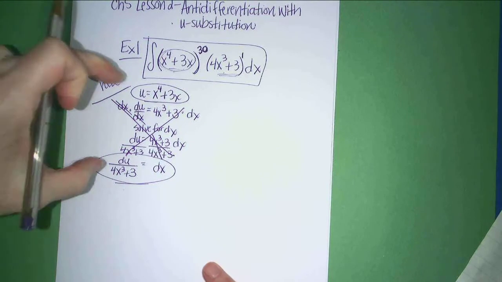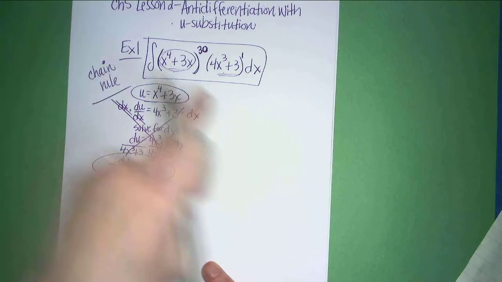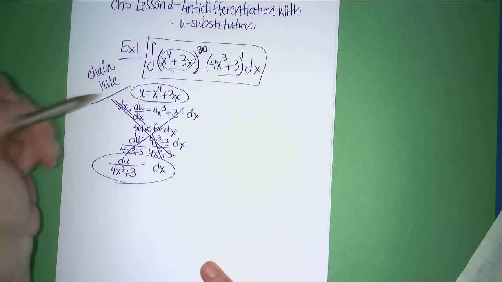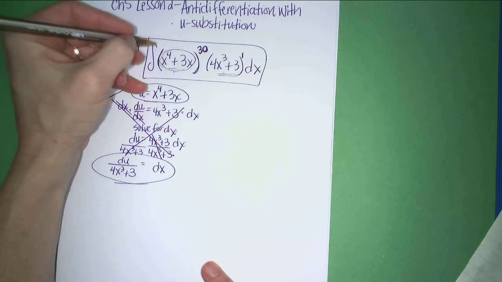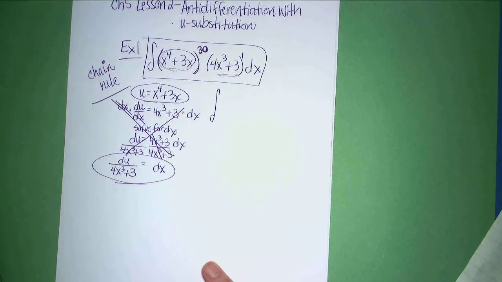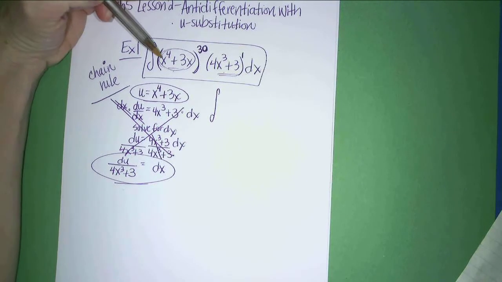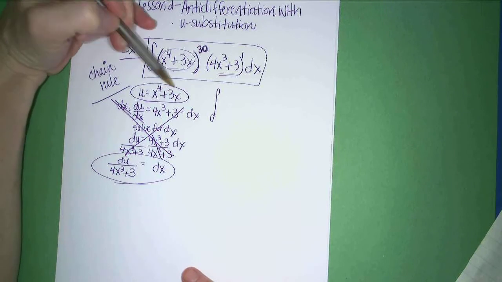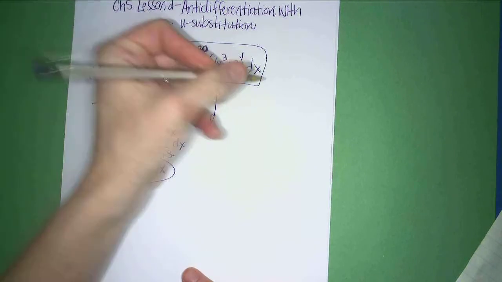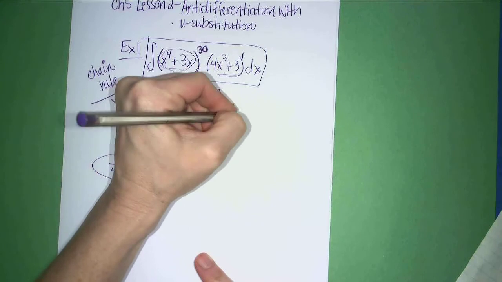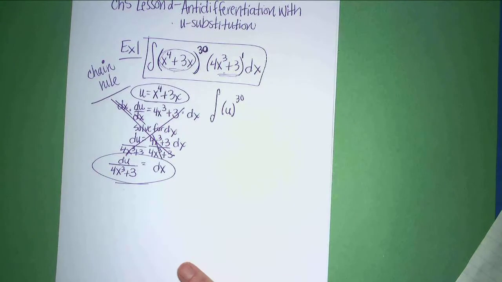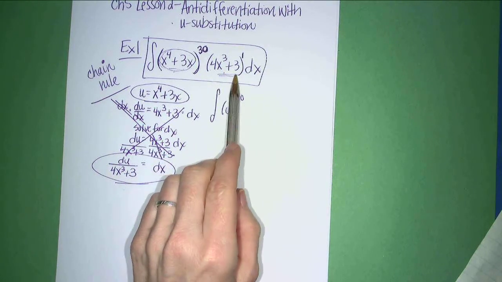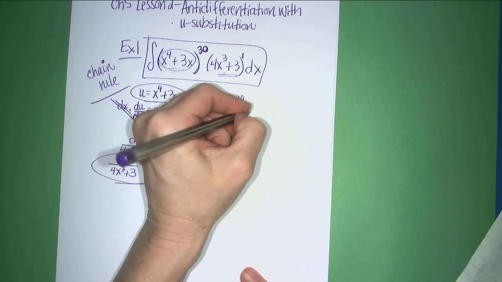I'm going to take these two pieces of information off to the right side now, and I'm going to recopy my problem, plugging some of this stuff in. So I'm going to recopy my elongated S symbol. Instead of writing x to the 4th plus 3x to the 30th, since all that is called U, I'm just going to call all that U to the 30th. Now this guy back here, 4x to the 3rd plus 3, I'm just going to recopy him.